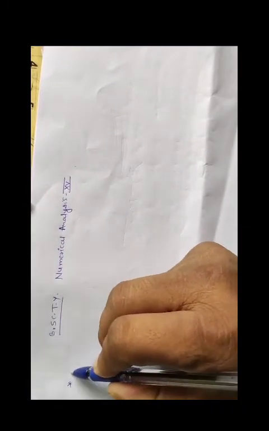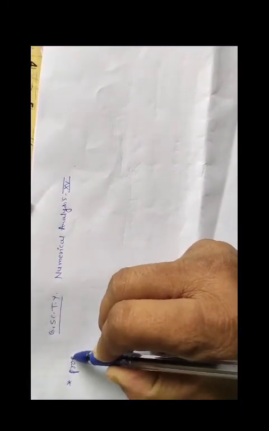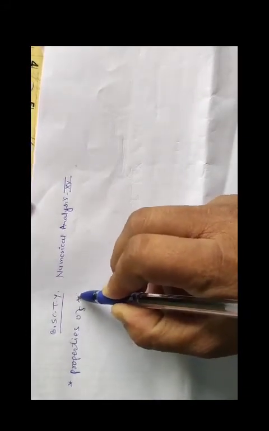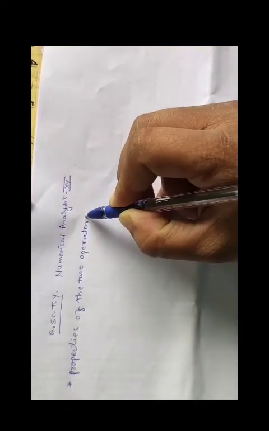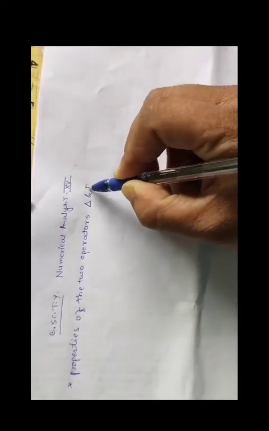So in this lecture, we have to discuss the properties of the two operators, delta and E. What is the relationship between delta and E?